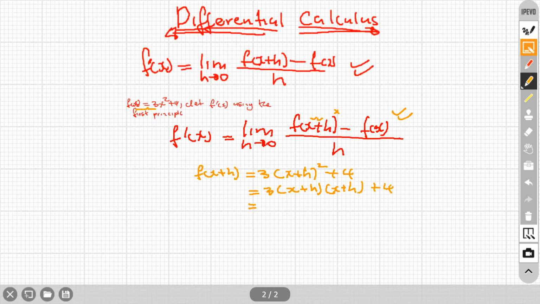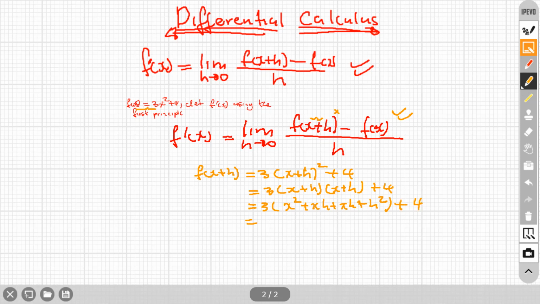Then we get 3 into x squared plus xh plus xh plus h squared, plus 4.